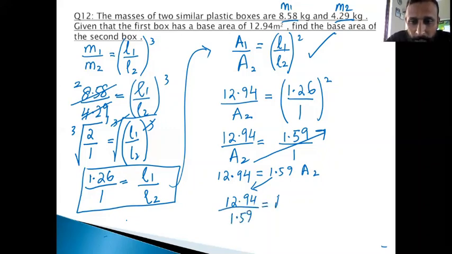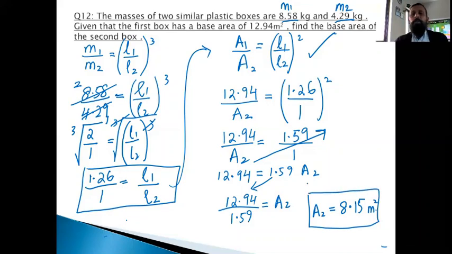Again, you are allowed to use the calculator. The answer is found to be 8.15, and the unit is meter square. So that's the required answer for an unknown area, that is the base area of the second box.